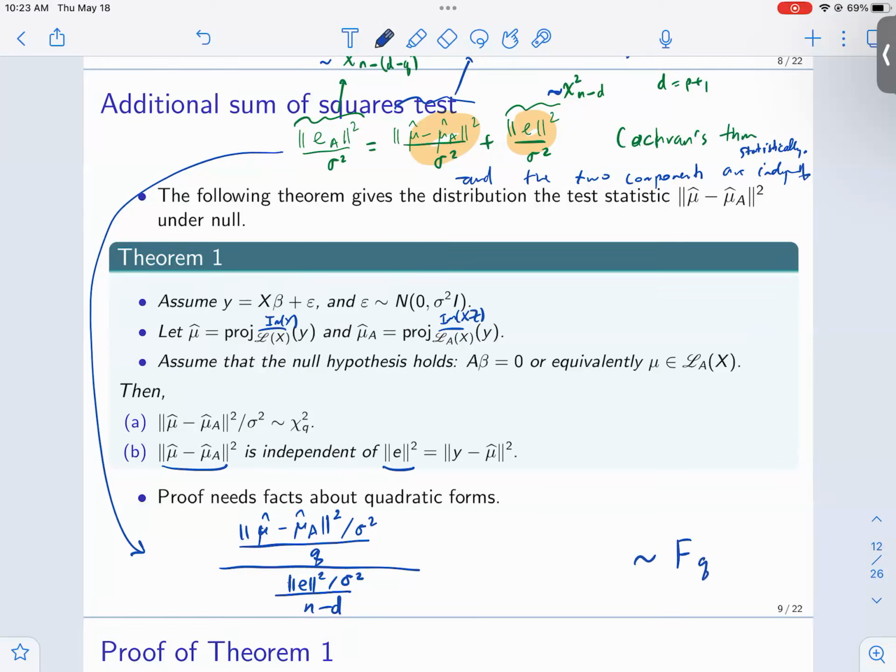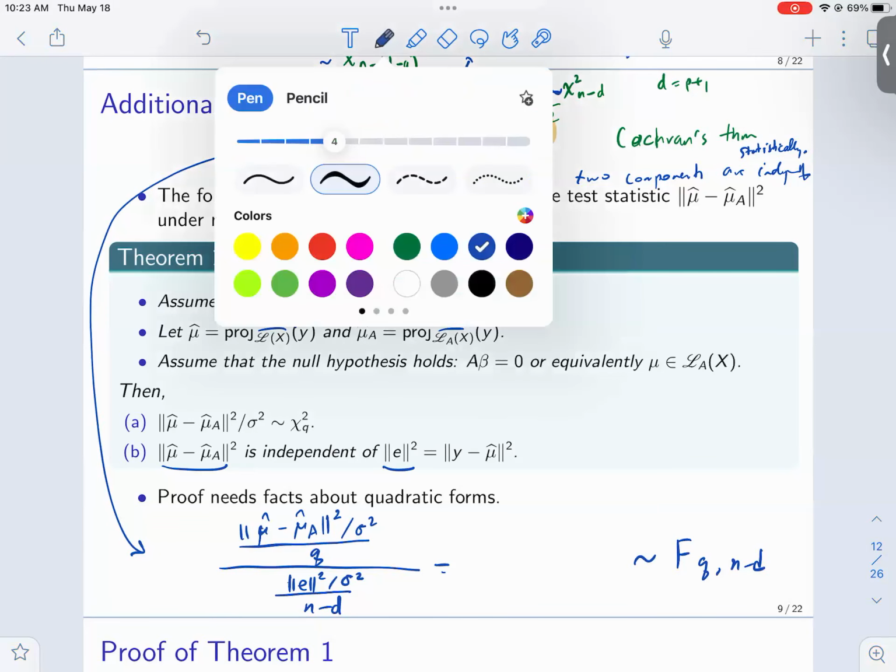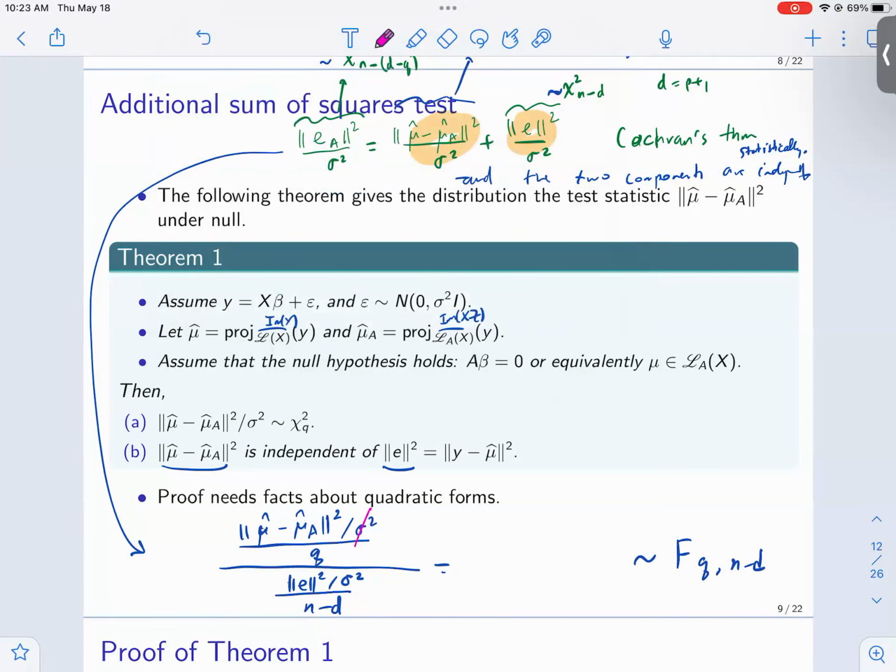But this simplifies, because if you do the calculation, the sigmas cancel out. These unknown sigmas go away. So this is really a nice quantity that I can calculate. It's actually not a pivot, it's a statistic at this point, divided by n minus d.